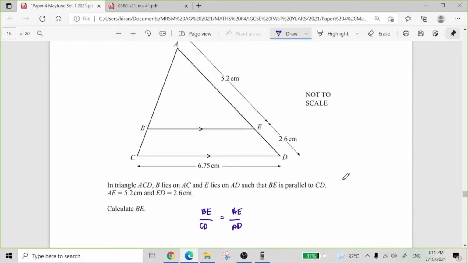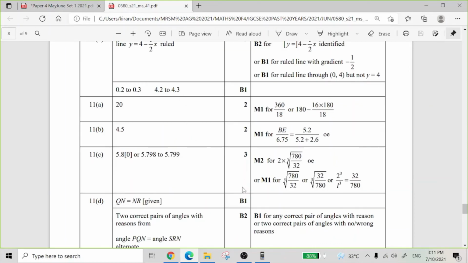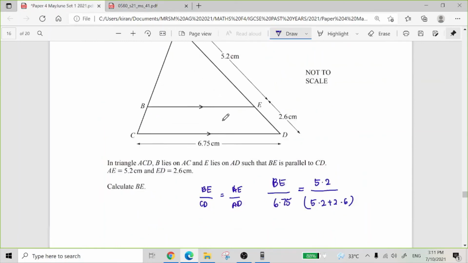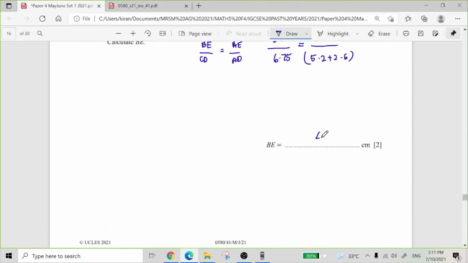So we take BE, what we want to get, over CD, which is 6.75, equate with AE, 5.2, over 5.2 plus 2.6. Okay, and that we will get the value for BE is 4.5. Okay, 4.5. That is the answer for BE.